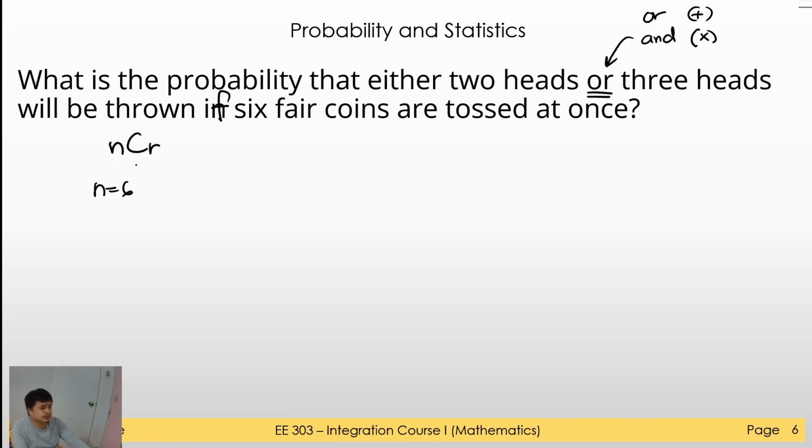So if n is equal to 6, then we have r equal to 2 and 3. So we have 6C2, exactly 2 heads, or exactly 3 heads, so we have 6C3. And then over what?